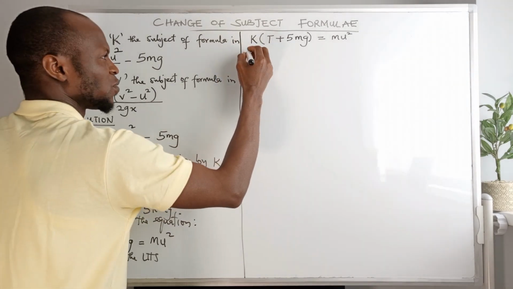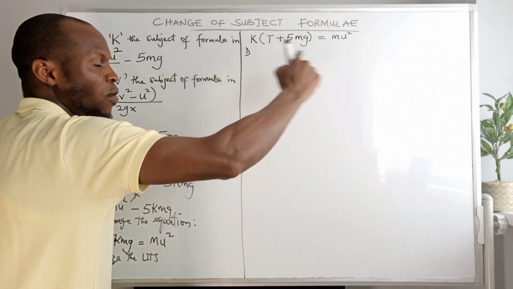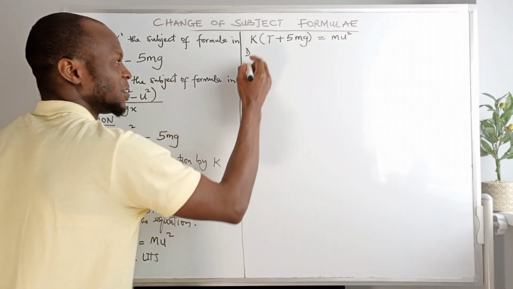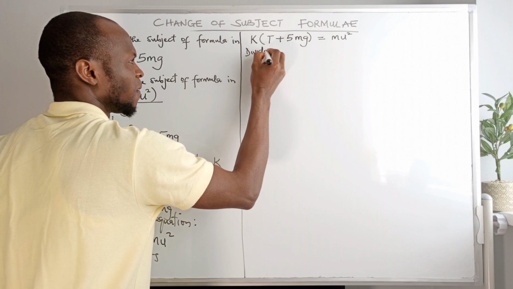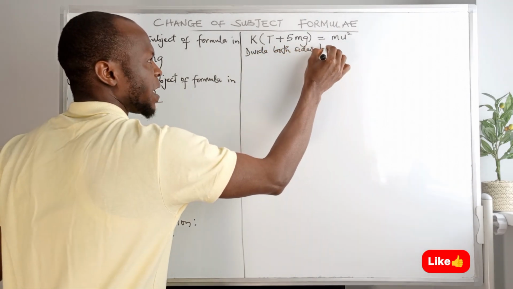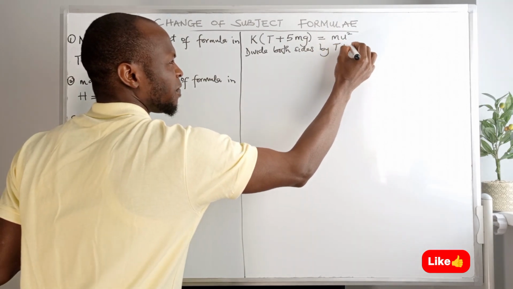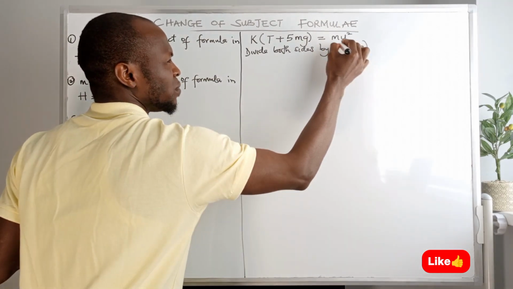This bracket. It is joined together by multiplication. What will I use to separate them? Division. So divide both sides by t plus 5mg.